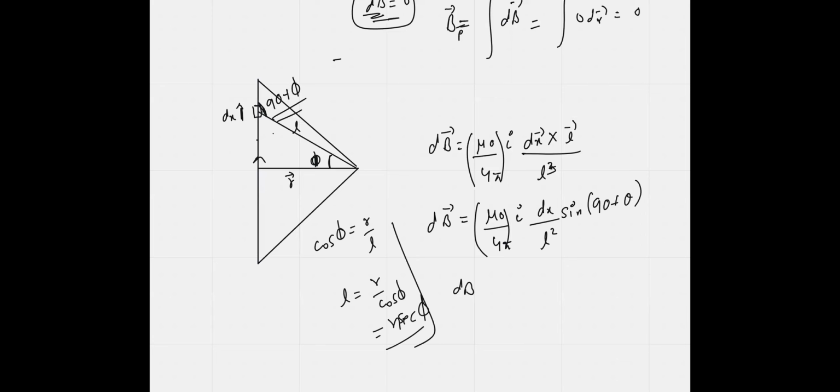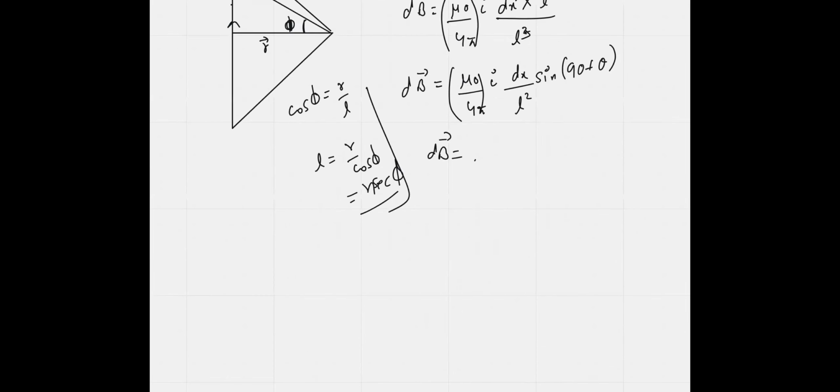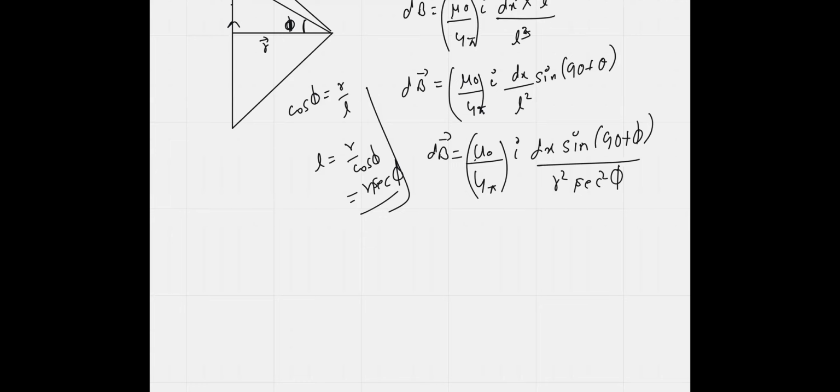So this dB comes out equal to mu naught by 4 pi I times dx sine of 90 plus phi divided by, instead of L square, r square secant square phi. Okay, this is fine. So this is the thing I have got.